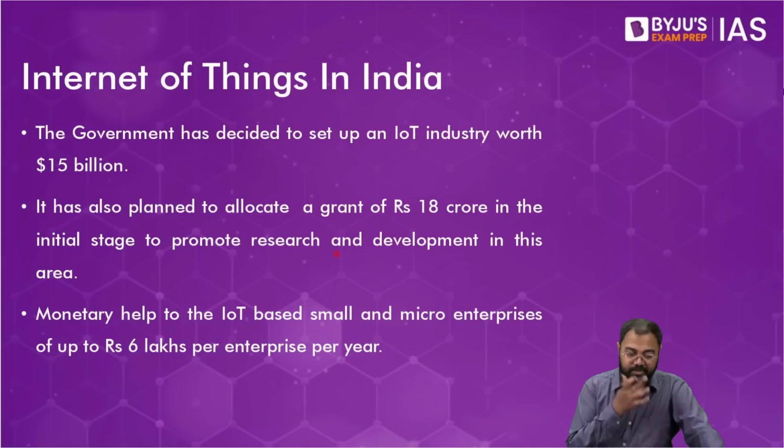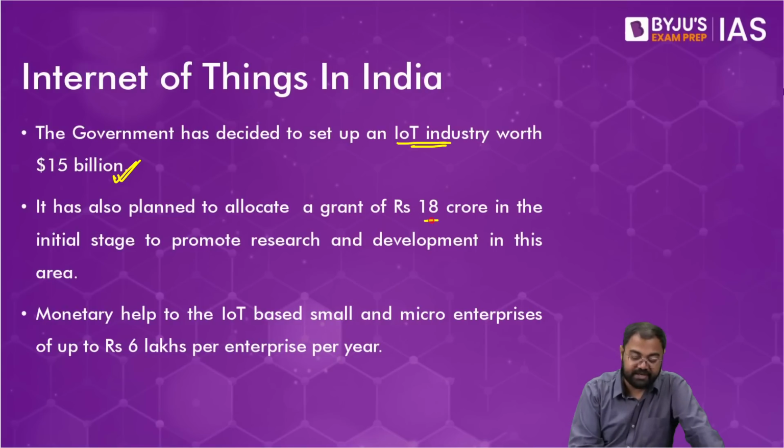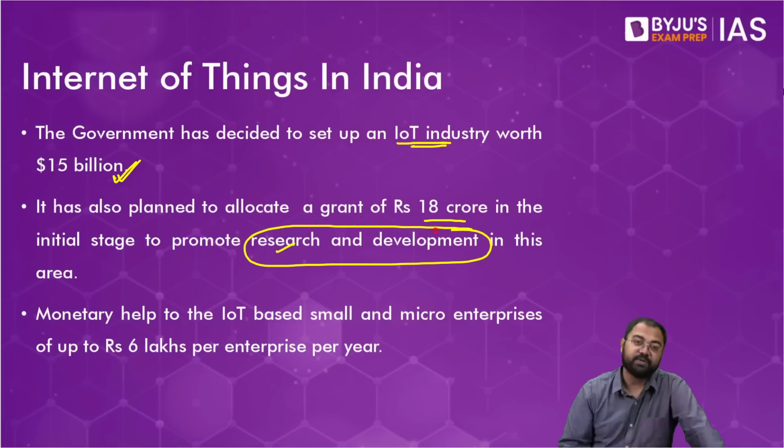For example, to set up the IoT industry, the government announced that an IoT industry worth $15 billion would be set up in India, and a total grant of rupees 18 crores in the initial stage will be given for all the research and development that needs to happen in this area.